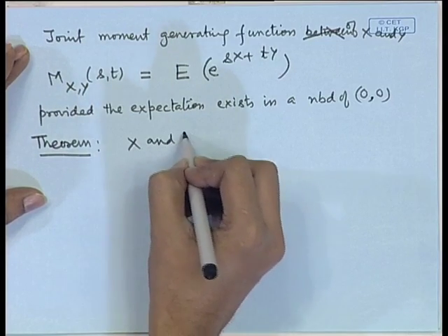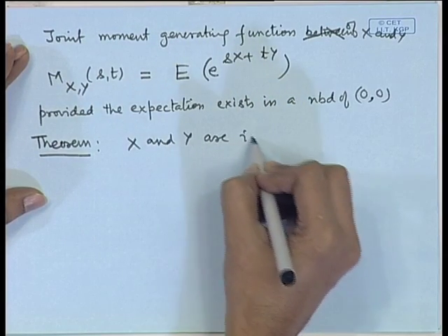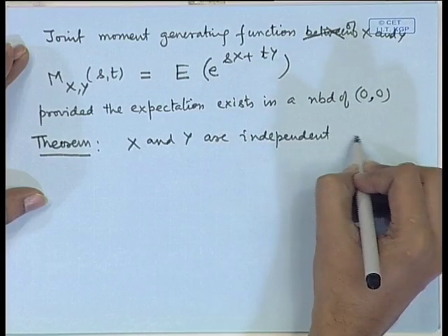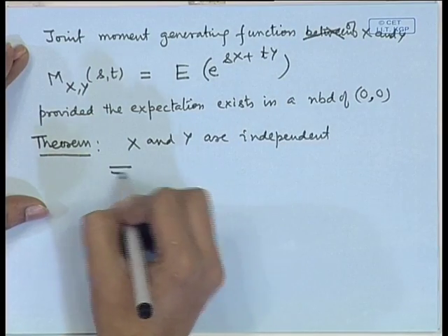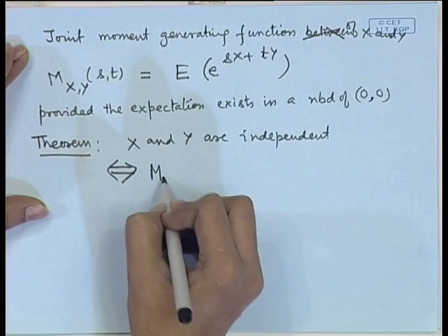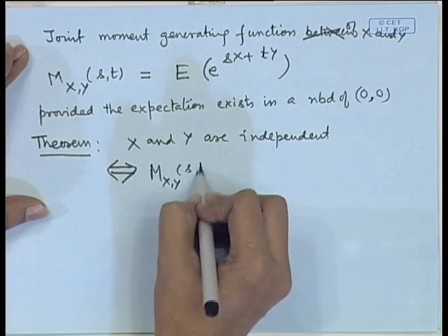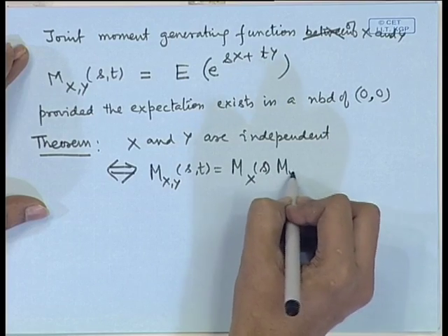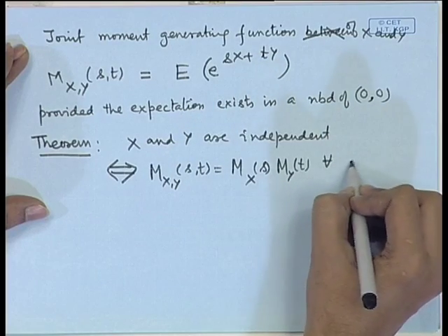X and y are independent if and only if m x y s t is equal to m x s into m y t for all s t.